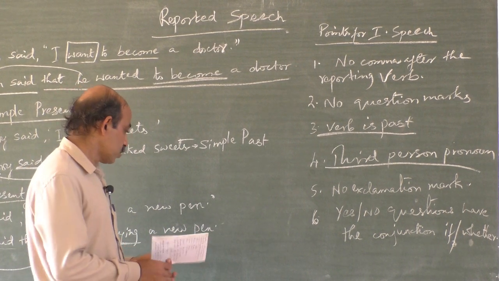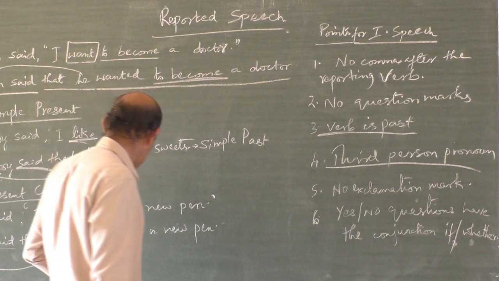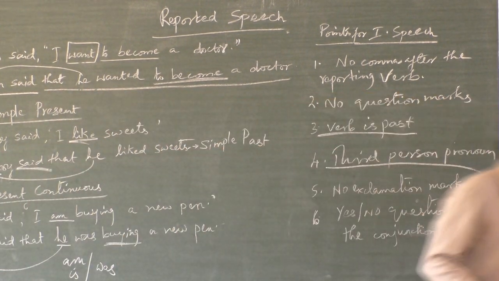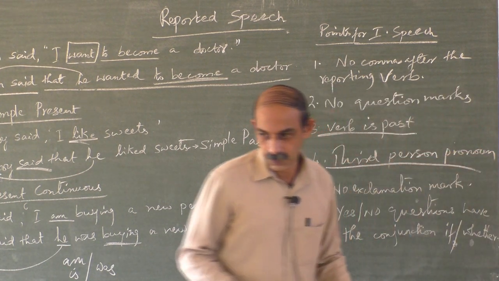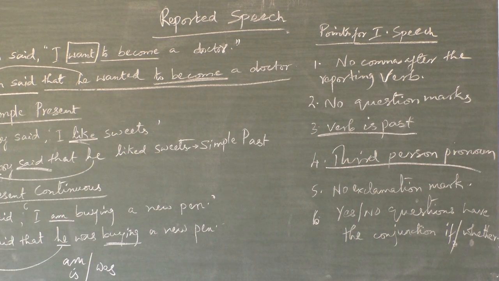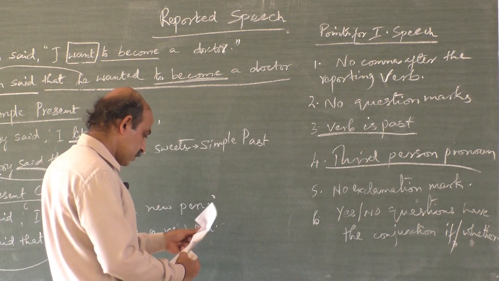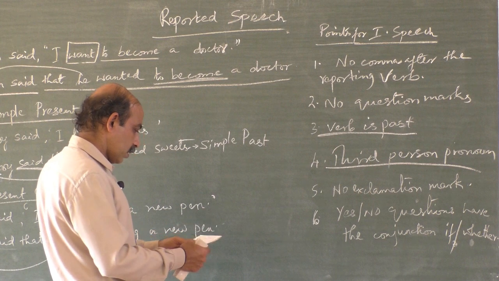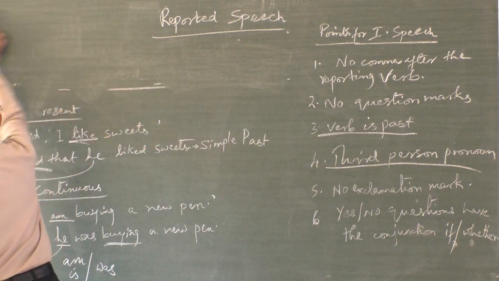Now let us move on to some more examples. Before I move on to examples, let me tell you the items that have to be changed, that can be done quickly.